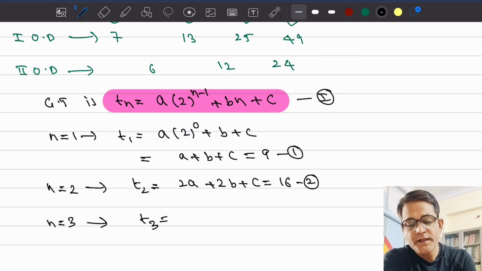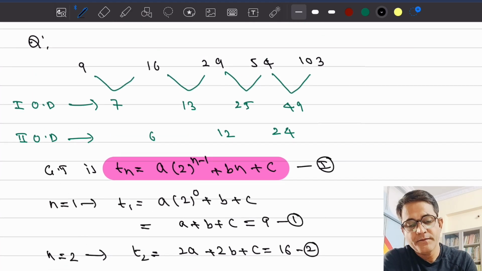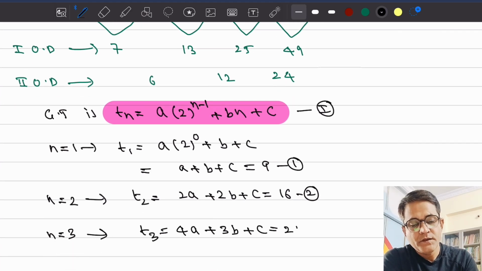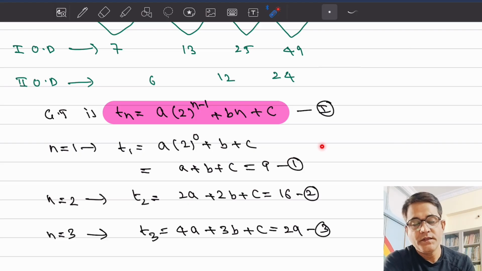T3, that is 4A plus 3B plus C, is equal to the third term, 29. Now how many equations are there? 3 equations. We need to find 3 variables A, B, C, so these 3 equations are enough. Now we will solve for A, B, C.